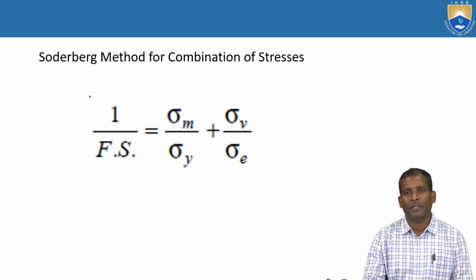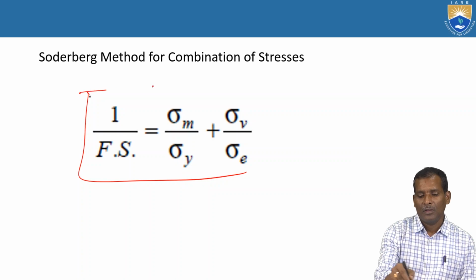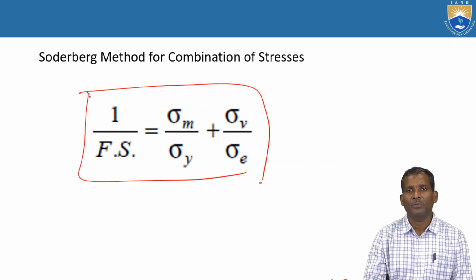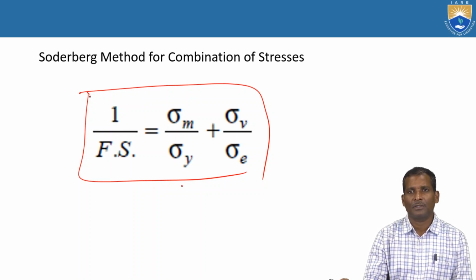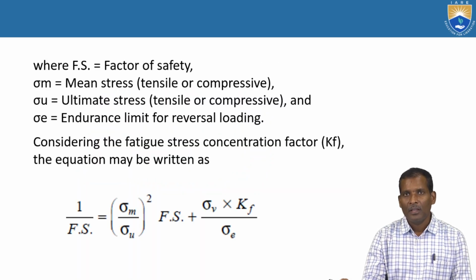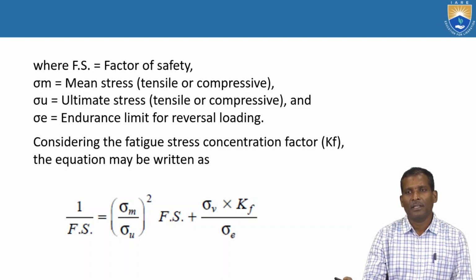Similarly, apply the Soderberg method, the relation between sigma E and sigma Y. So 1 by factor of safety is equal to mean stress upon yield stress plus variable stress upon sigma E. While considering factors, the factor of safety has already been given, and if you are considering other factors like the fatigue stress concentration factor, multiply with this factor.